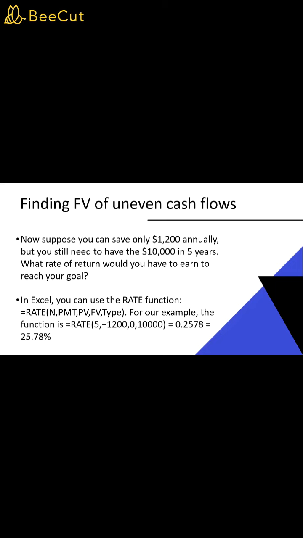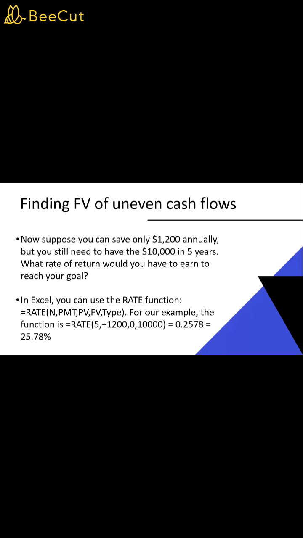5 years? Well, in order to solve this, if you wanted to do it manually, you would have to put in different interest rates and sort of do a little bit of trial and error. But in Excel, there is a functionality known as the rate function. So in Excel, you would press equal to rate brackets N, which is the number of years, comma, the payment.